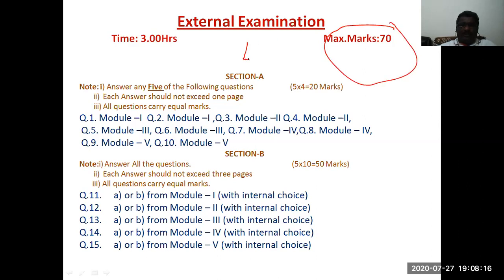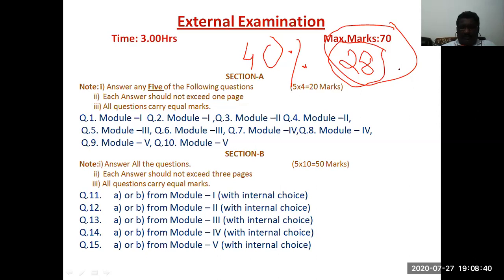The student has to get 40% of the marks in this 70, which means compulsorily the student has to get 28 marks in the external theory examination. So it is very important to prepare for the external examination.